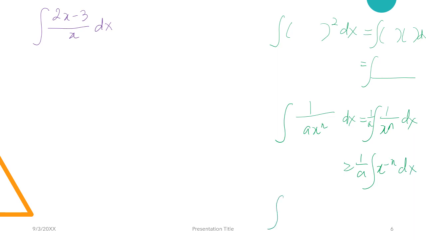Likewise, if you have integrations of square root something dx, then you should simplify it to bracket ax plus b to the power half dx before you apply the rules. This is what I mean by you should simplify your expressions to make it simpler before you apply the rule.